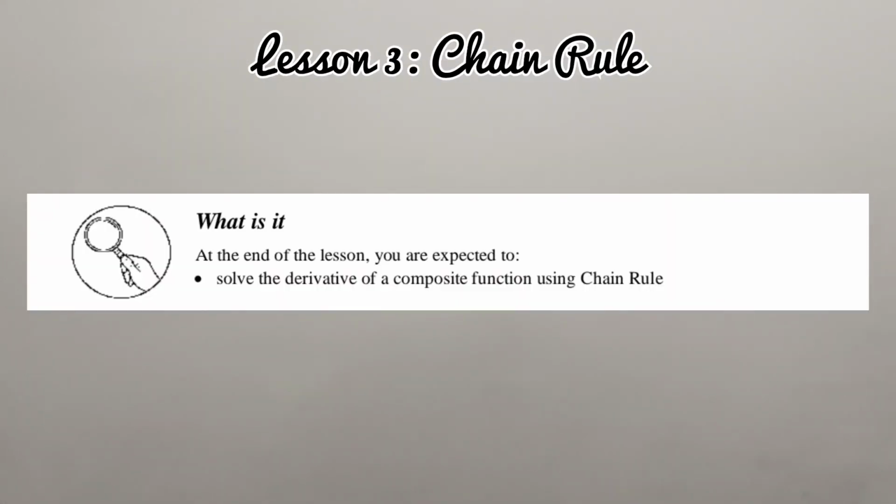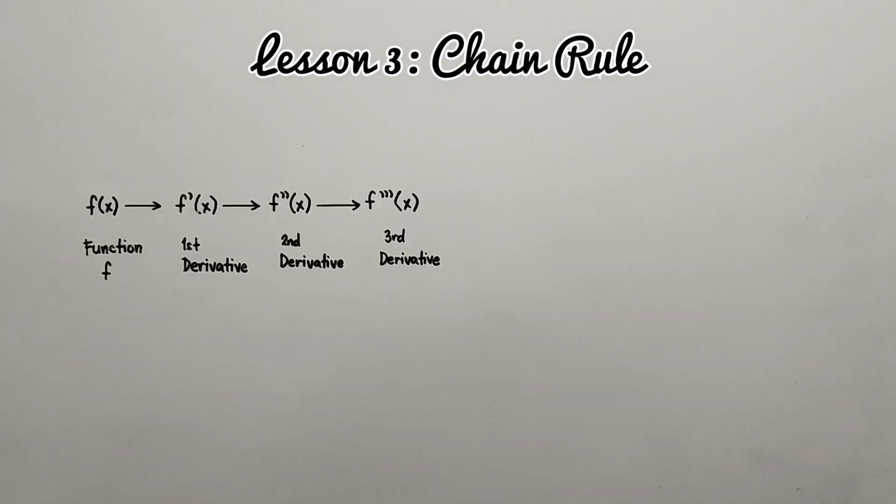The last part of the lesson is on solving the derivative of a composite function using the chain rule. Also, the higher order derivative shall be discussed and presented here. What we have discussed so far as the derivative of the given function is sometimes referred to as the first derivative and is also a function.